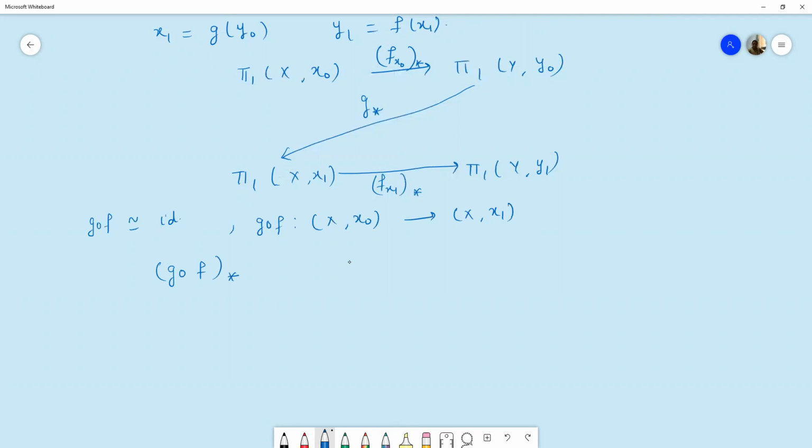In this case, G circle F is a mapping which maps x0 to x1, and the identity map maps point x0 to x0 itself. So we can define a path alpha in X such that G circle F star is alpha cap circle I_X star, where I_X is the identity of X. Now identity star is the identity mapping, and alpha cap circle identity mapping is just alpha cap.